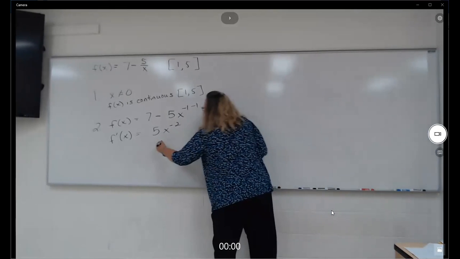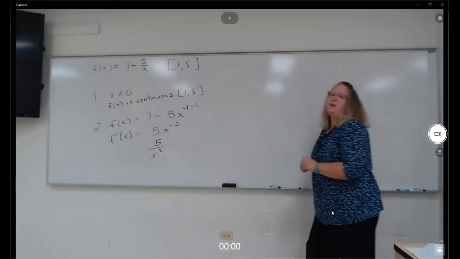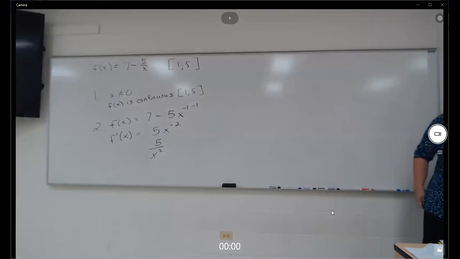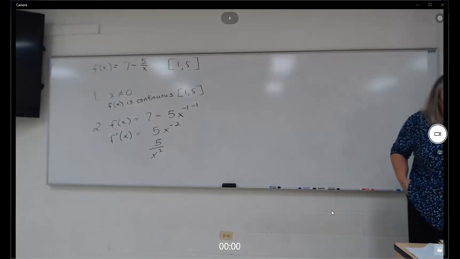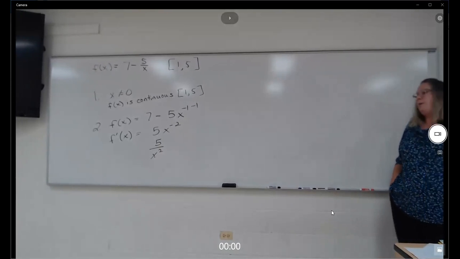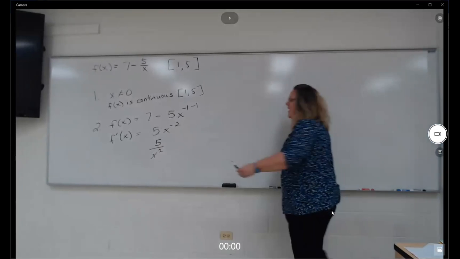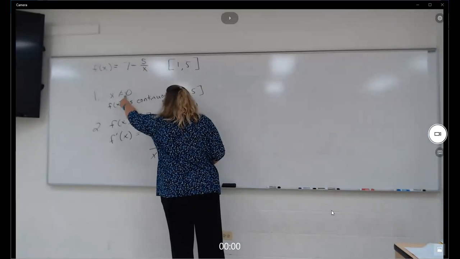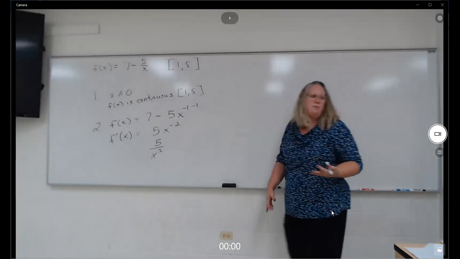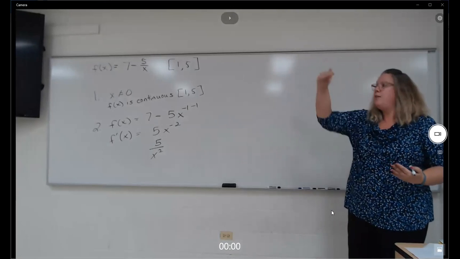So where would the issue be for the derivative? Actually, the issue would be where x is 0, but we even kind of said, hey, that's not even in the domain. So we really don't have any problems. The only problem would be at 0, but we actually determined that on the original graph.